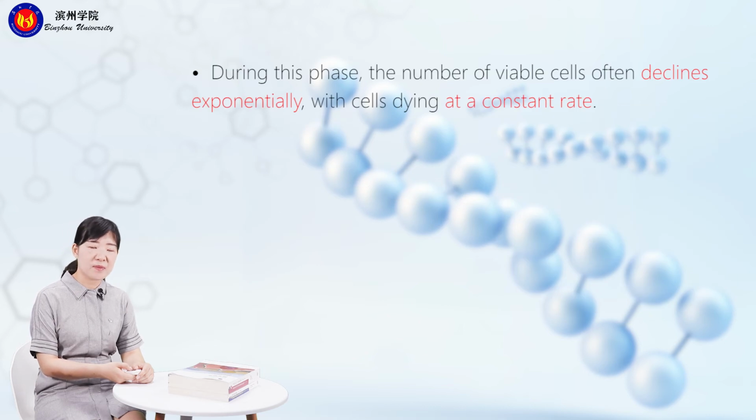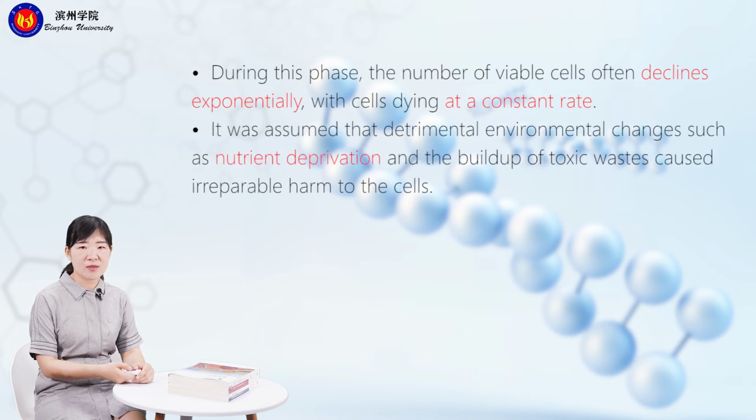During this phase, the number of viable cells often declines exponentially, with cells dying at a constant rate. It was assumed that detrimental environmental changes, such as nutrient deprivation and the buildup of toxic wastes, caused irreparable harm to the cells.